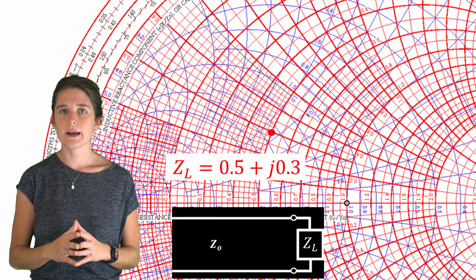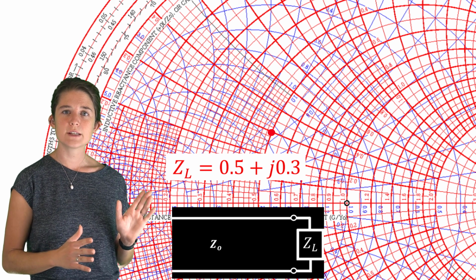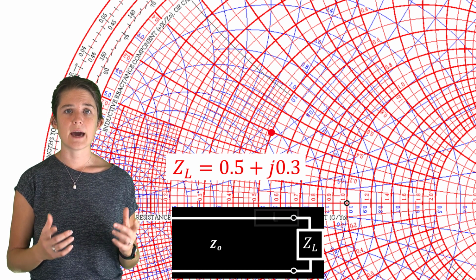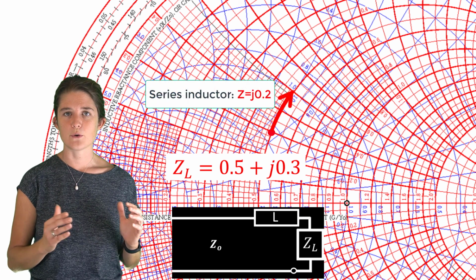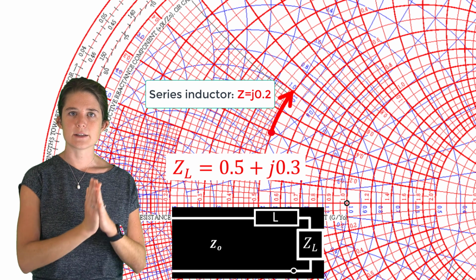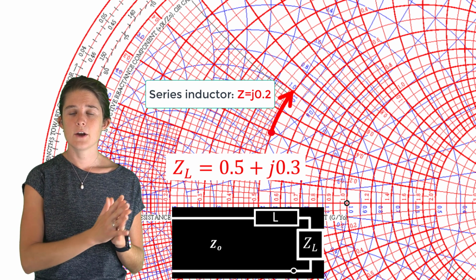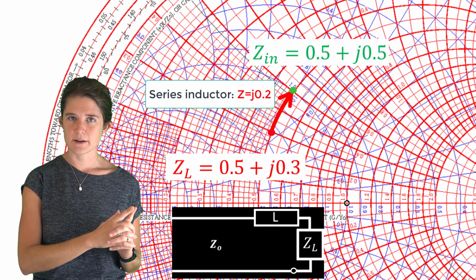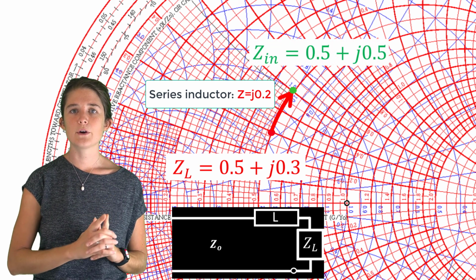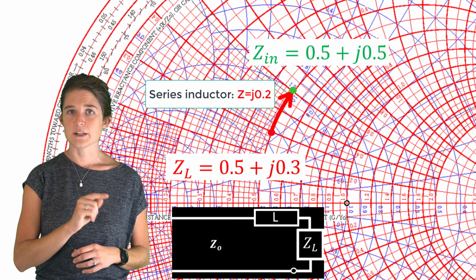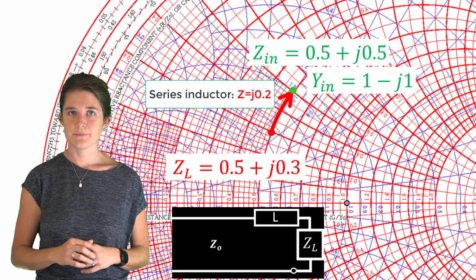In other words, we want to create an LC combination that can move this impedance to the center of the chart. As a first step, we can add an inductor in series with a normalized impedance of j0.2. This will move us clockwise along the constant resistance circle by j0.2. The normalized impedance to this circuit, Zn, becomes 0.5 plus j0.5. The admittance at this point is 1 minus j1.